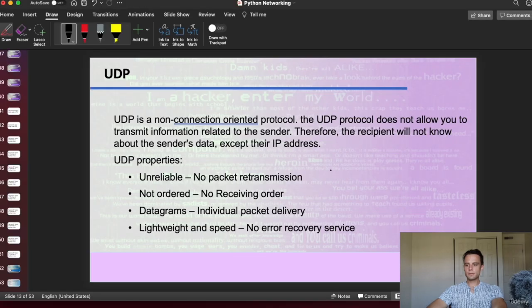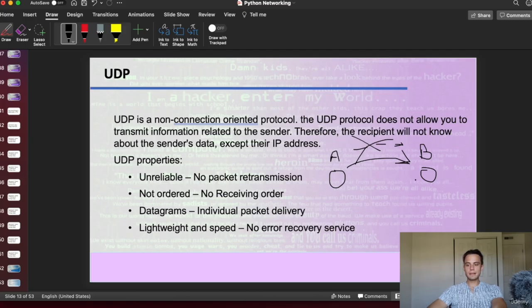So for example, if we have a machine A that wants to send information to machine B, the flow from A to B is unidirectional. So A doesn't need to notify, there is no notification when we are sending anything to machine B. A just decides to send something to machine B and machine B is not aware of that.